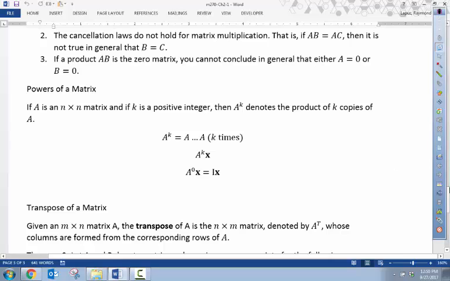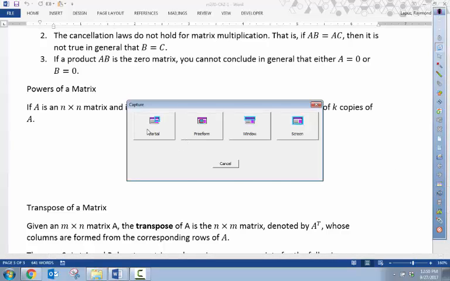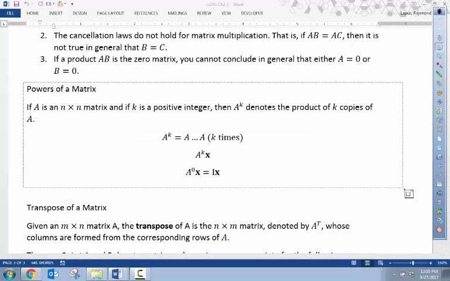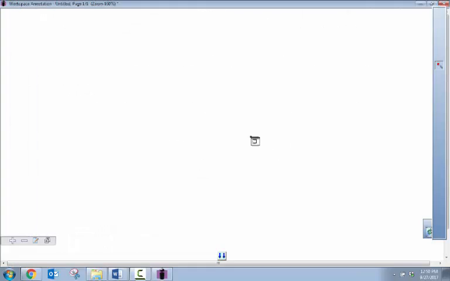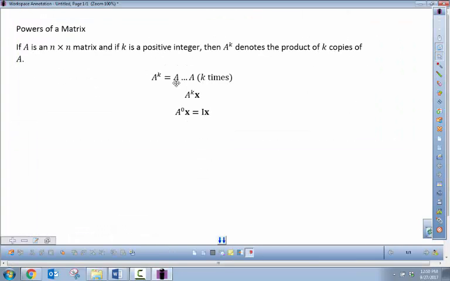Powers. So that's where we're going to pick up from. Powers of matrices. For us to be able to talk about powers of matrices, powers are like the powers that we learn when we first learn powers. We have to multiply the number by itself so many times, and the same thing with matrices.